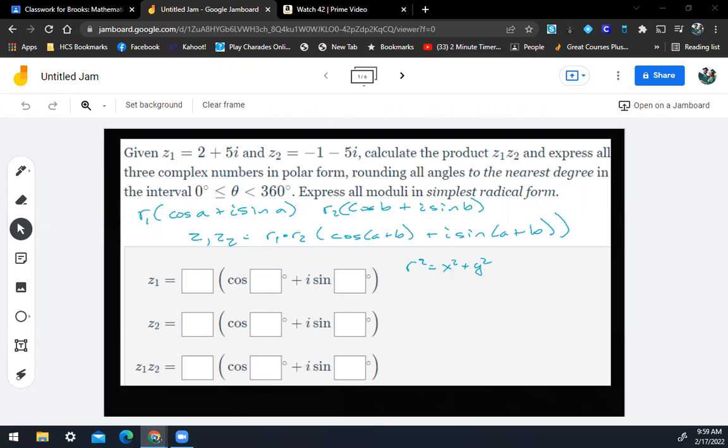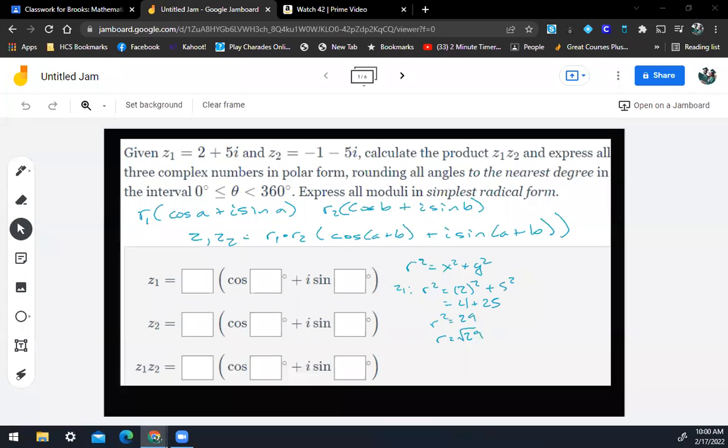In this case, for Z1, R squared is equal to 2 squared plus 5 squared, which gives you 4 plus 25, and therefore 29. So if R squared equals 29, then R equals the square root of 29.